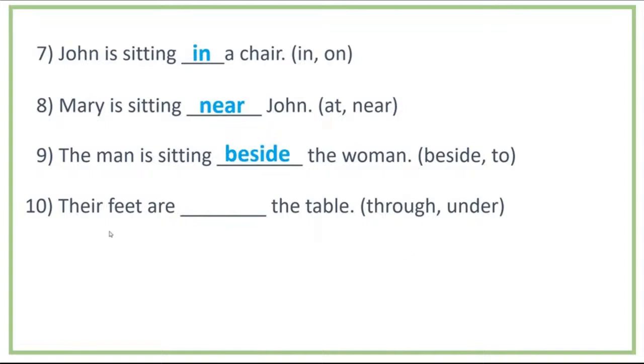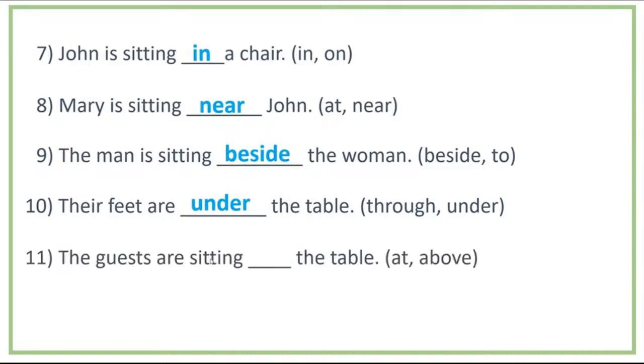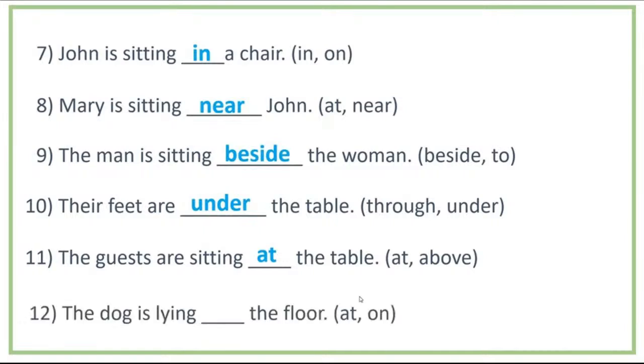Through, under. Answer, their feet are under the table. Number 11. The guests are sitting blank the table. At, above. Answer, the guests are sitting at the table. Number 12. The dog is lying blank the floor. At or on. Answer, the dog is lying on the floor.